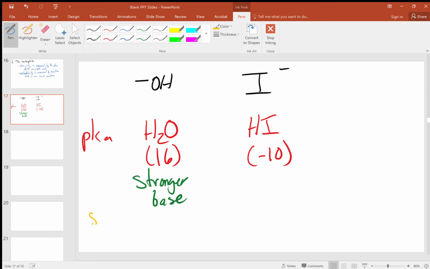Now, we can also look at something known as the Swain-Scott parameter. This will be the first and only time that I mention this term. Basically, the Swain-Scott parameter is what I was talking about a few minutes ago. It's a scale to measure how good of a nucleophile something is. If we look at hydroxide, which has a Swain-Scott parameter of 4.2, and iodide, which has a parameter of 5.04, we see that iodide is the stronger nucleophile.